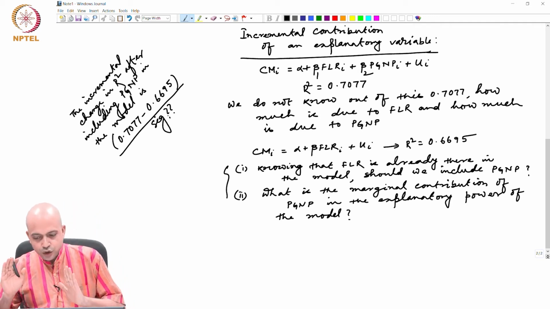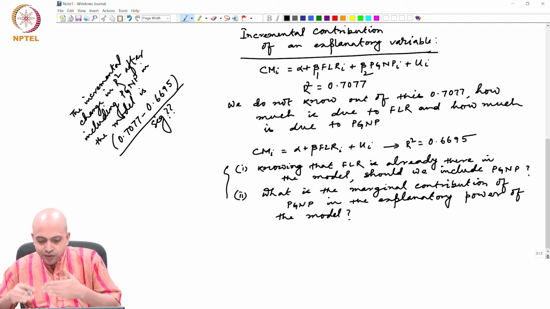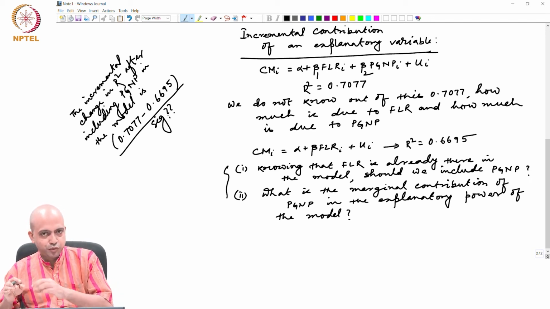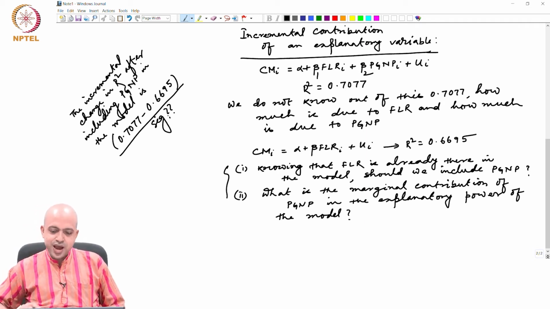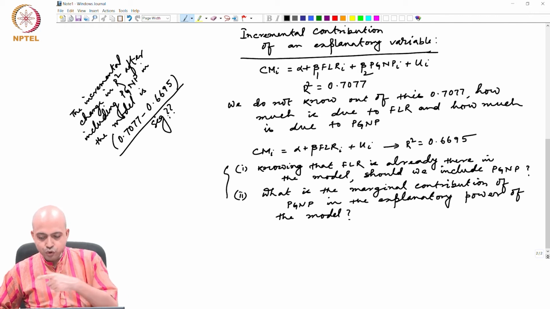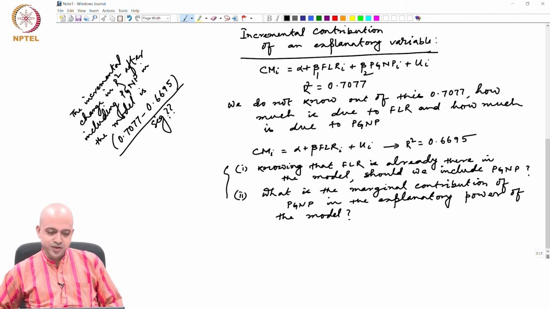Is this clear? When you have only FLR in the model, your R square is 0.6695. Now, knowing that FLR is already there in the model, we are trying to add PGNP, and when PGNP is added, the R square improves from 0.6695 to 0.7077.